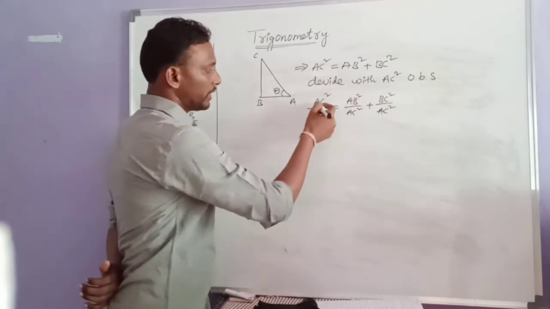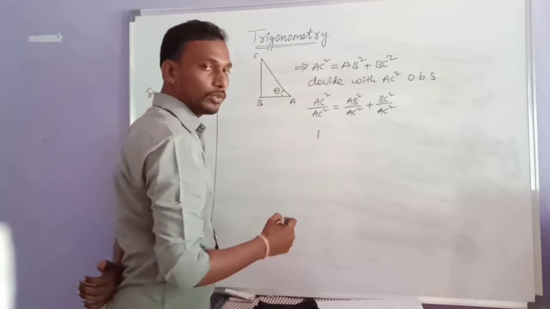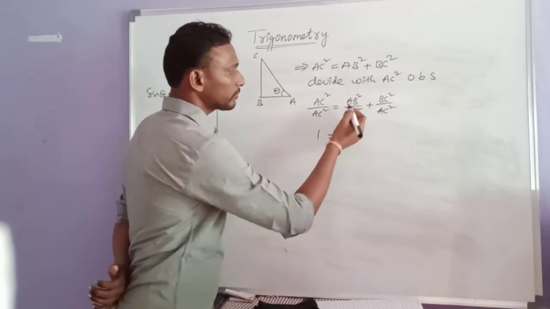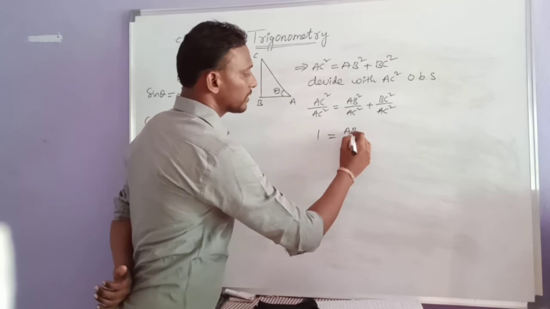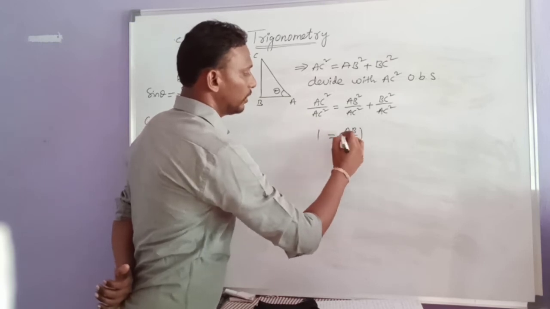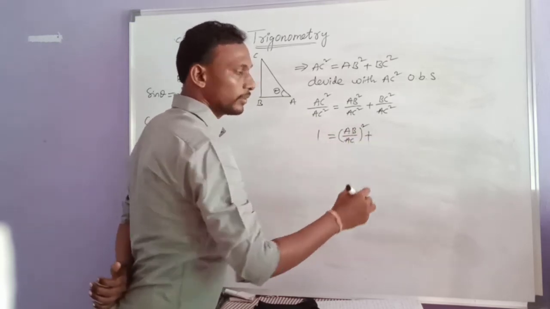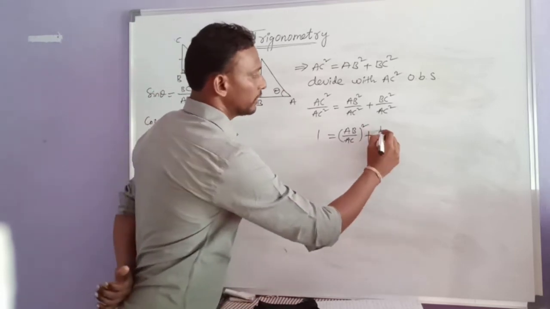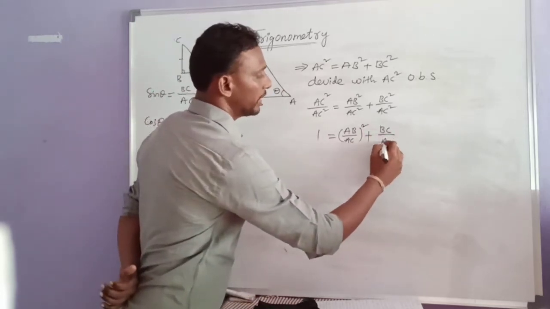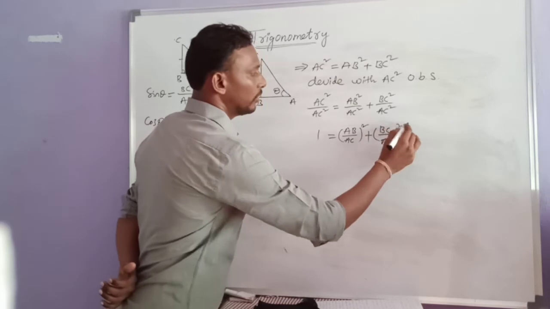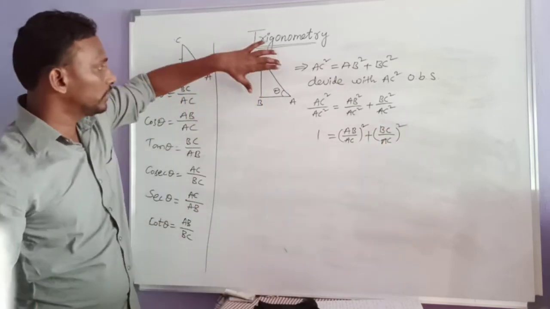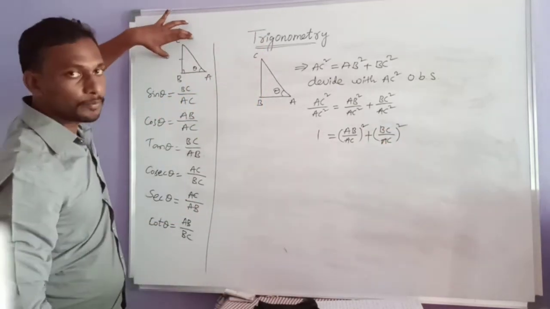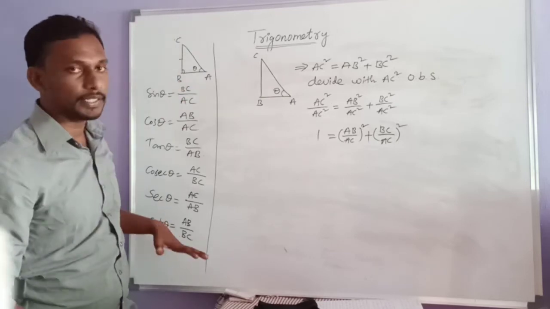AC square gets cancelled, so 1 only. We can write this as AB by AC whole square, and this as BC by AC whole square. From here we can consider the ratios now.